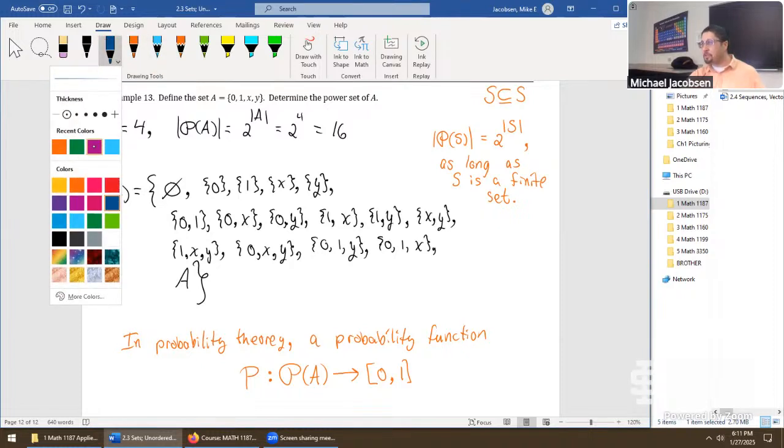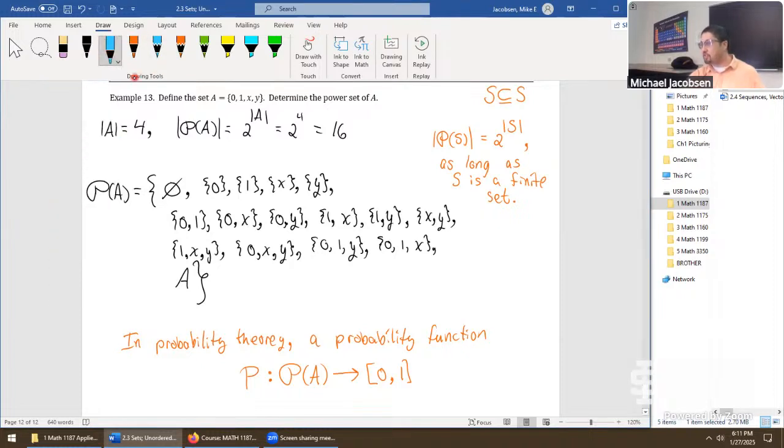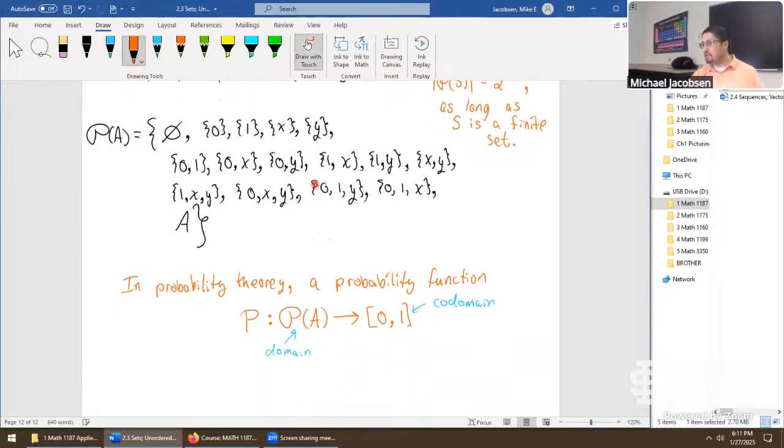And we'll later on, once we get to the section on functions, call this the domain. This is the codomain. And P is the probability set function.